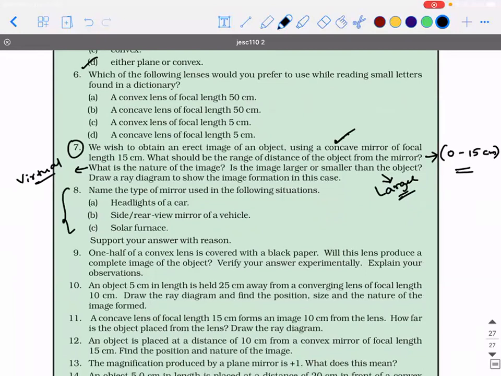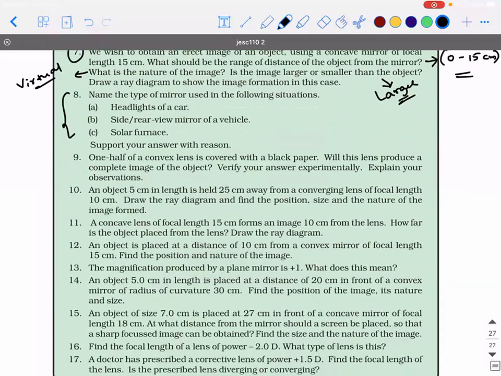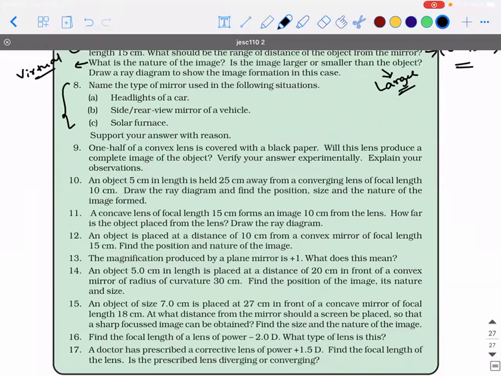So this part, I want you to read the textbook and then try to find the answer. Next. Oh sorry, 10th is based on lens. We'll see the 12th one.